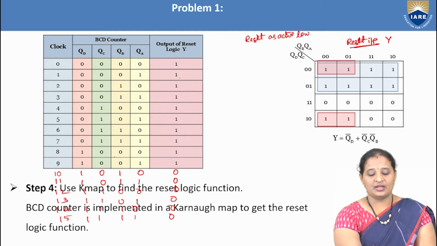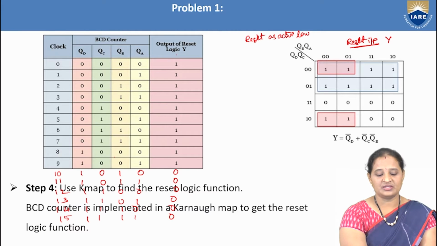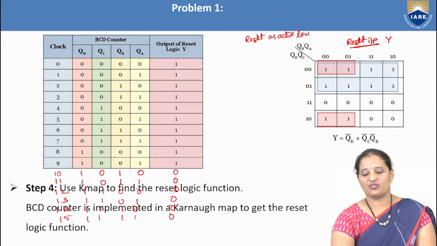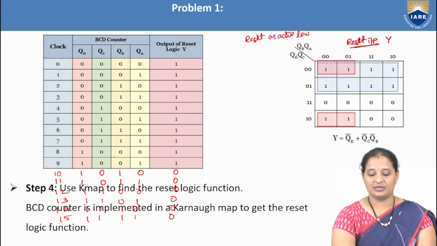Now it is 1 for the combinations 0 to 9. So 0, 0, 0, 1, 1, 1, 1, 0, and here it is also 0, 0, 0, 1, 1, 1, 1, 0. We have to take the same order in which we have taken in the truth table: QD, QC, QB, QA.